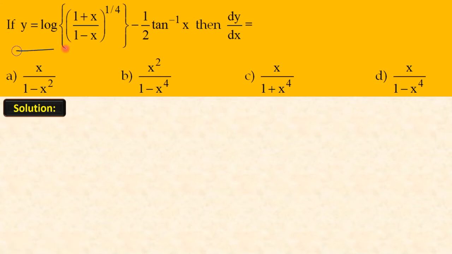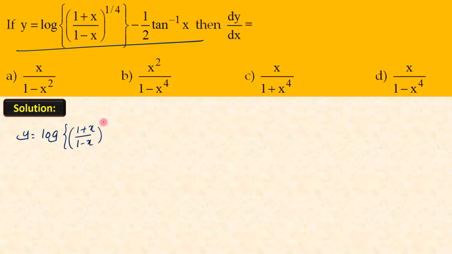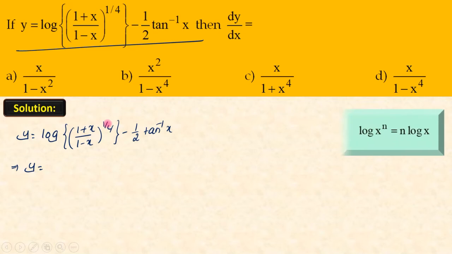Given y is equals to log of ((1 plus x) divided by (1 minus x)) whole power 1 by 4 minus 1 by 2 into tan inverse x. This implies y is equals to, here it is in the form of log of x power n. We know that log x power n is equals to n into log x.